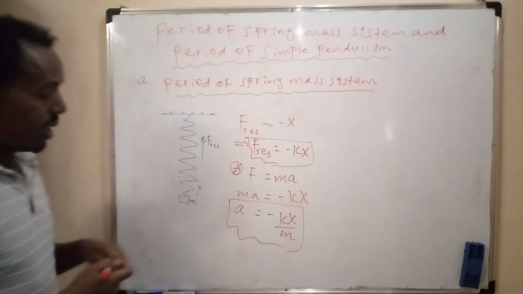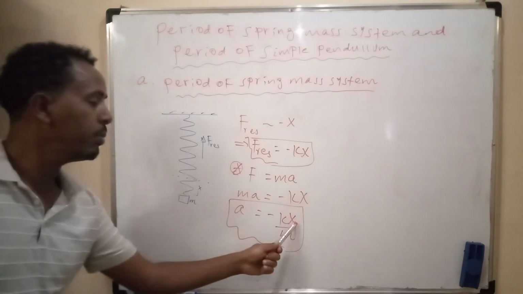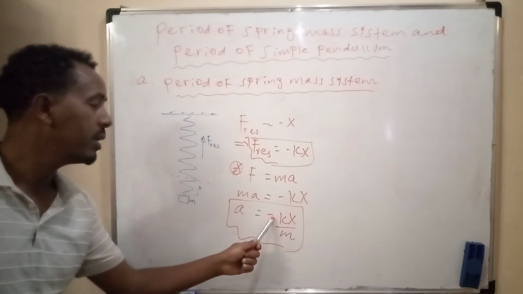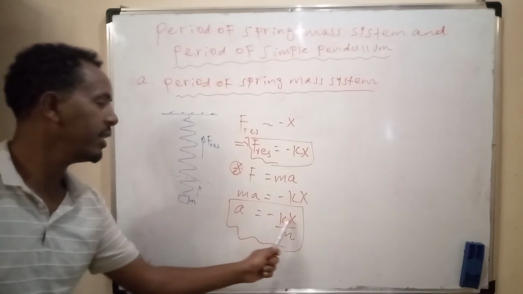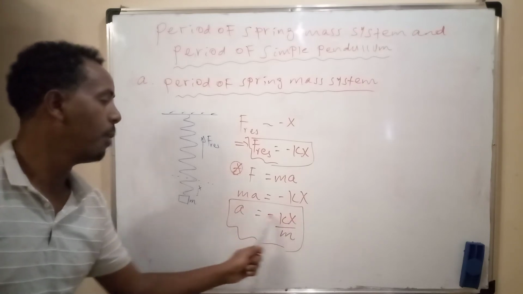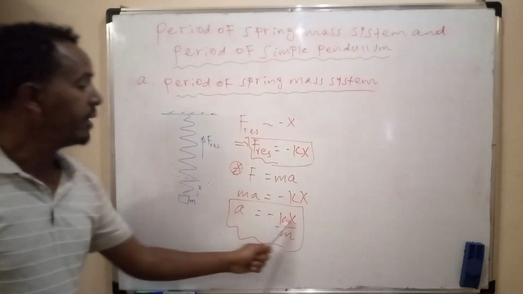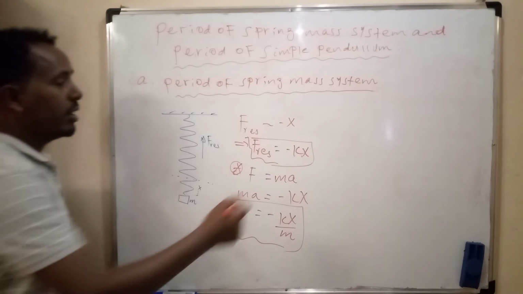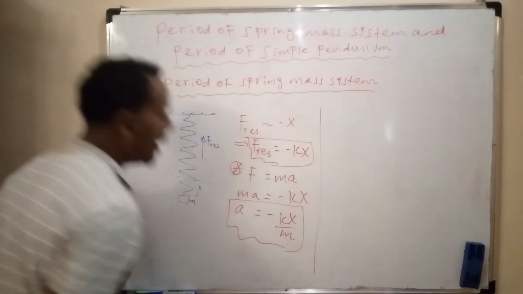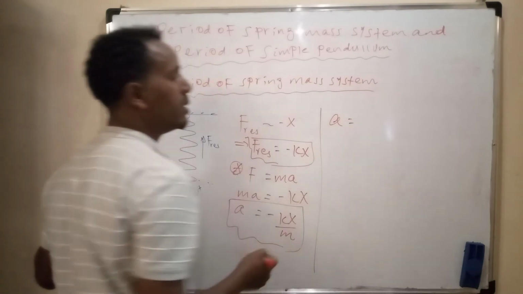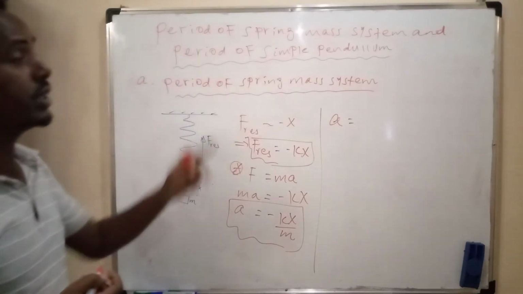Therefore, acceleration is directly proportional to displacement or extension, but the direction of acceleration and the direction of displacement are opposite. The other point is that acceleration is the rate of change in velocity.